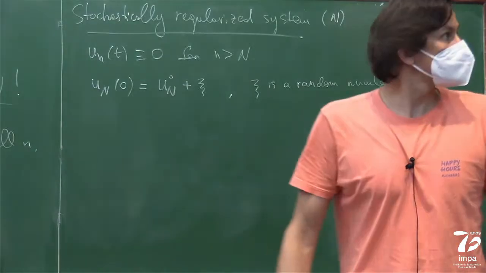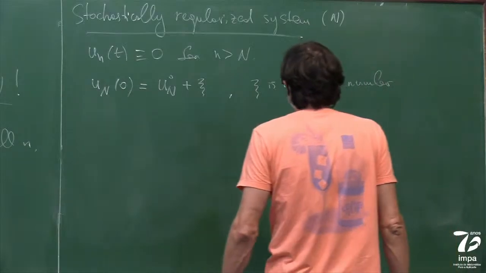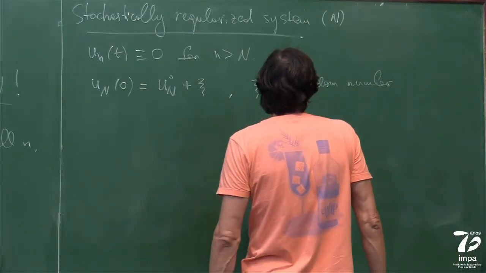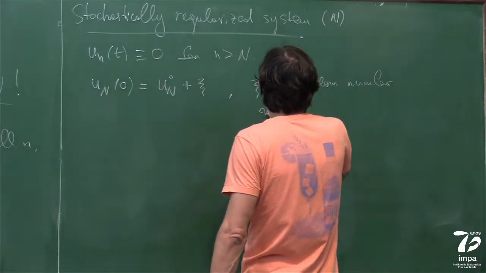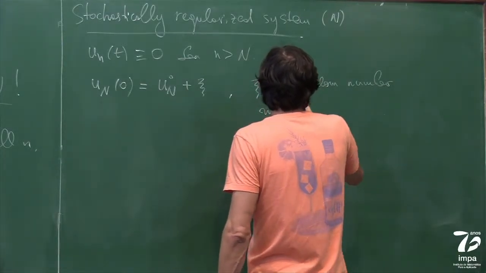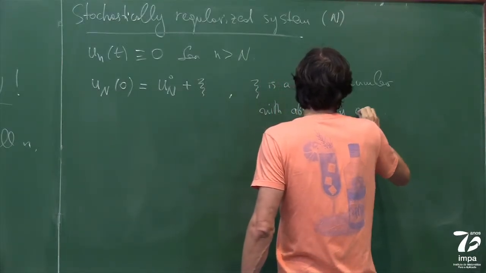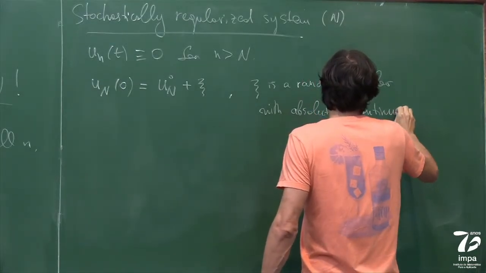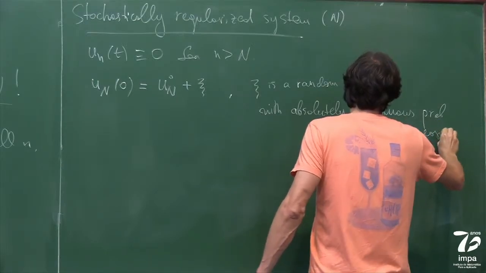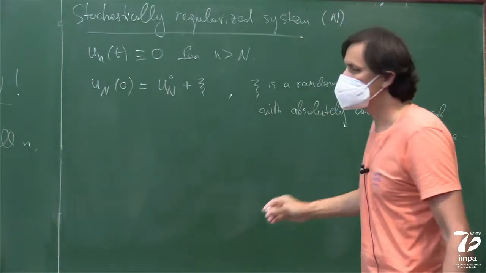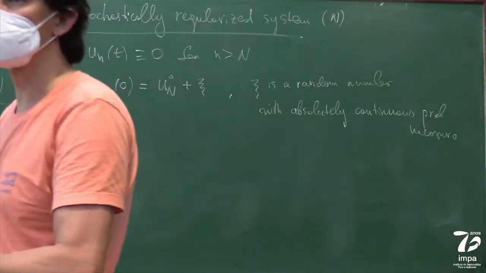What is important is that it's a random number with an absolutely continuous probability measure. It just means that it's a random number, but it's somewhat distributed.